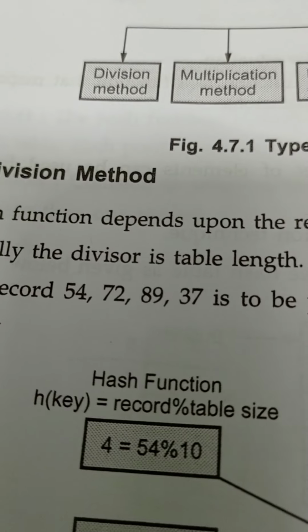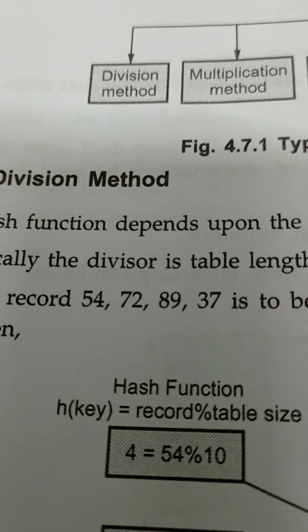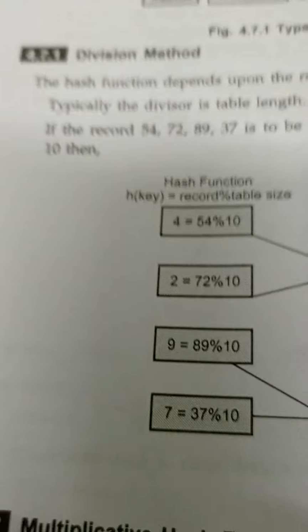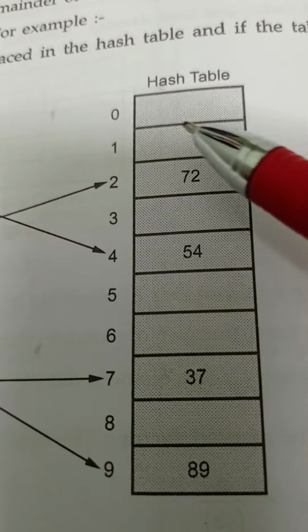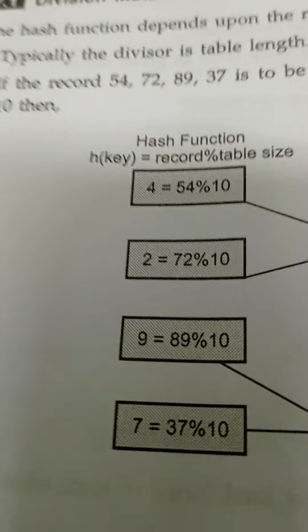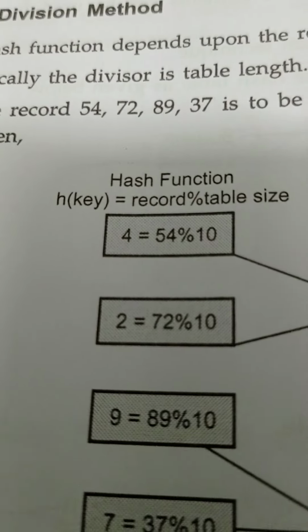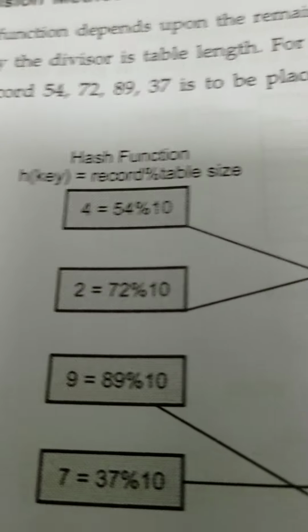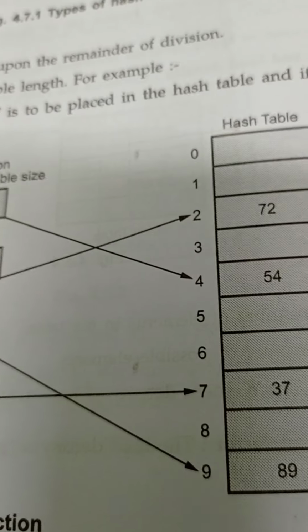Now first we'll discuss the division method. Using this concept, how can we store the data into the hash table? Suppose these are the data: 54, 72, 89, 37 to be placed in the hash table.